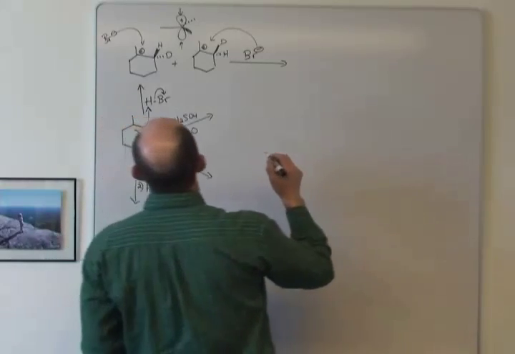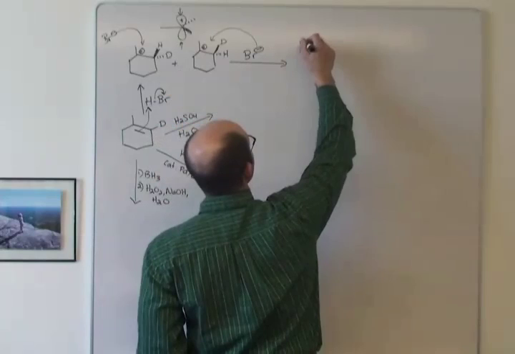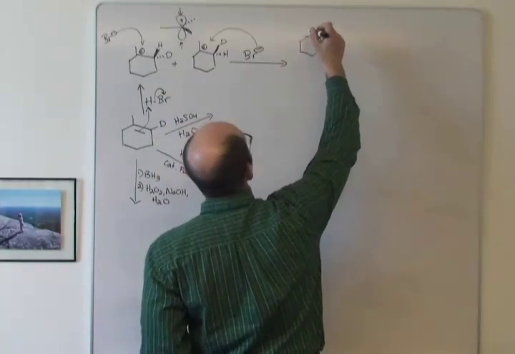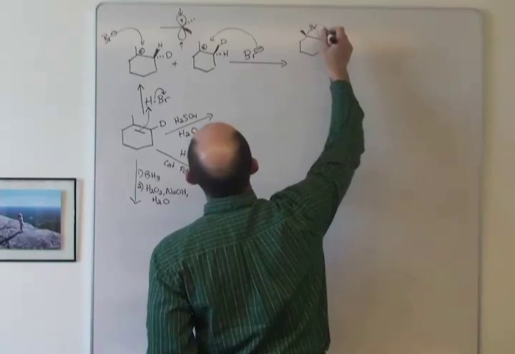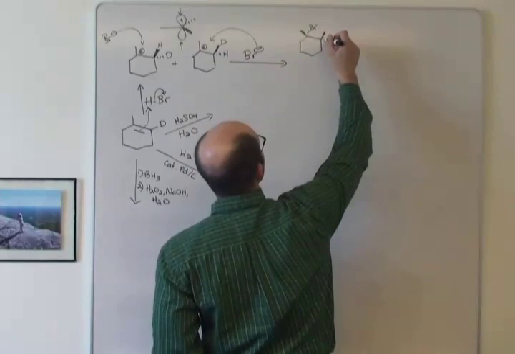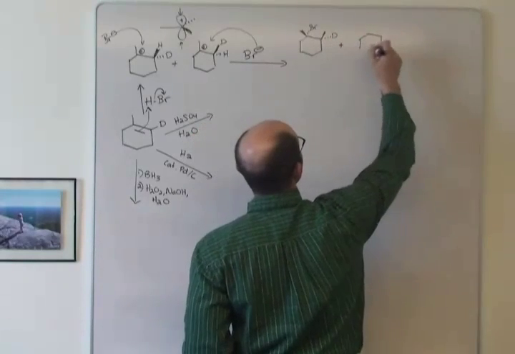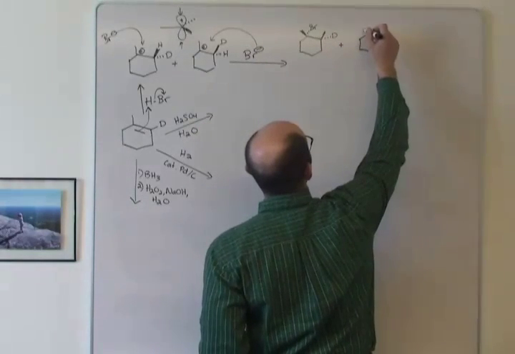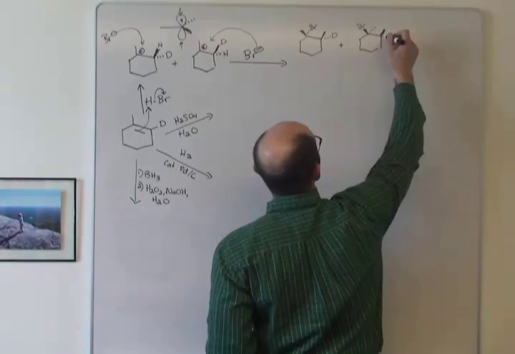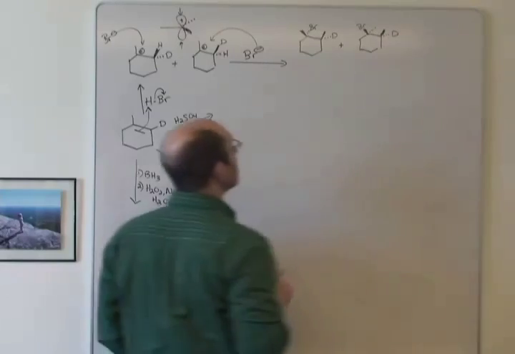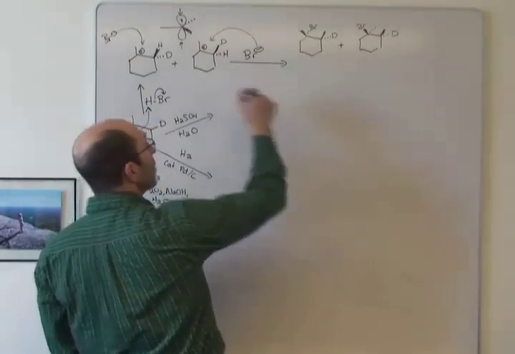Right, so let's draw out what we get from these. So if we start with this molecule here on the left, Br minus can add from the back. It can also add from the front. Right, so we get those two molecules, right? And then we can do the same with this one here, right?